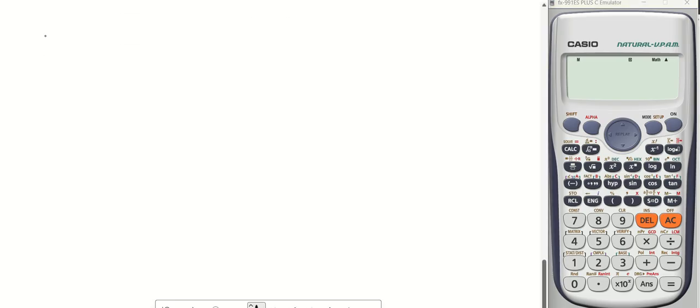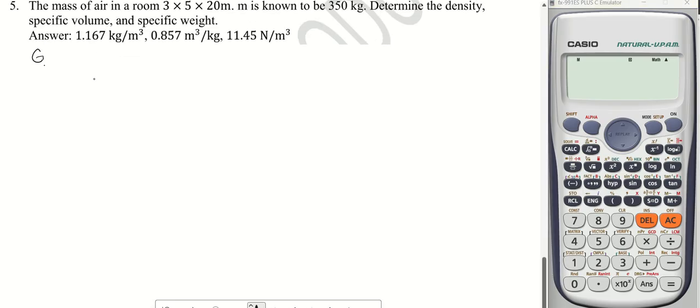The given is, as you can see, this dimension, 3 by 5 by 20, a three-dimensional given, so therefore we can say that this is a volume. So volume is equal to 3 meters by 5 meters by 20 meters.